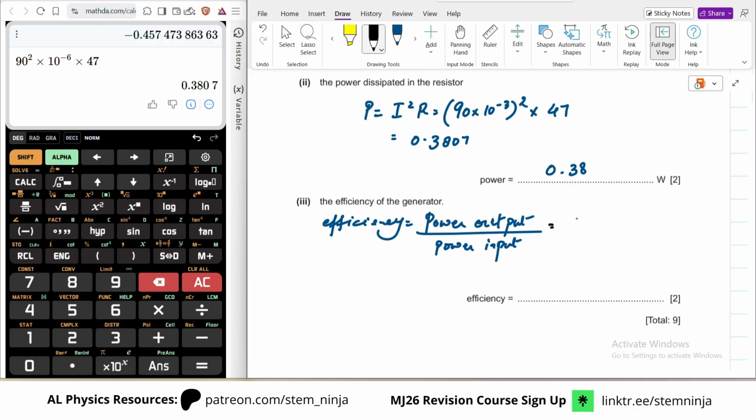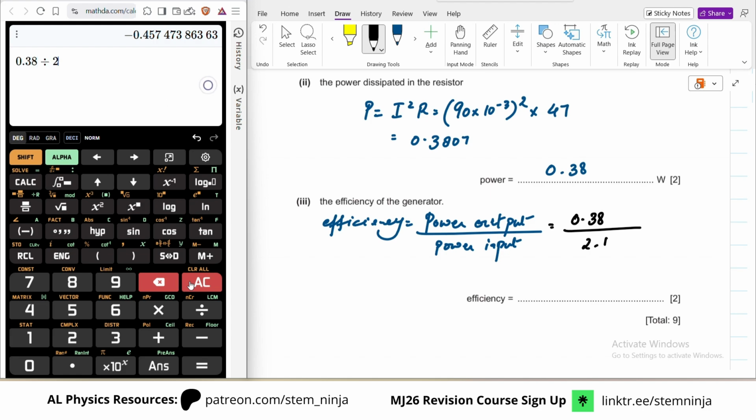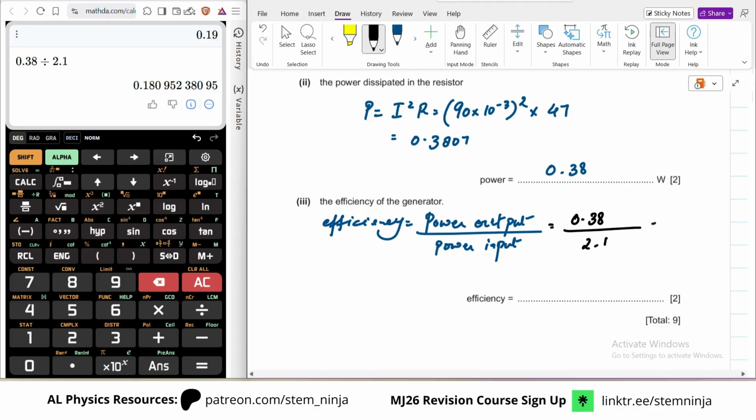So this is 0.38 divided by 2.1. That's just 0.181, so this is 0.18 or 18%.